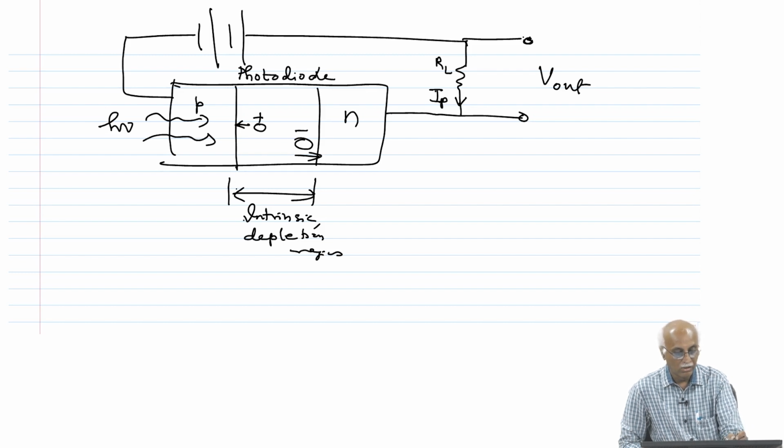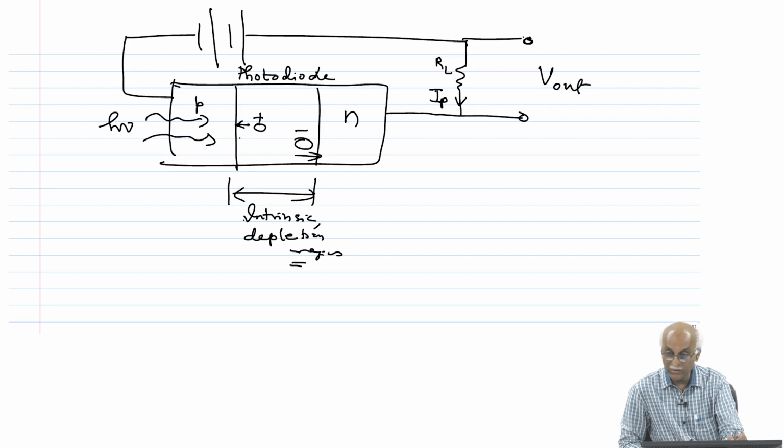Now this depletion region basically determines how many photons are useful in generating such electron hole pairs.